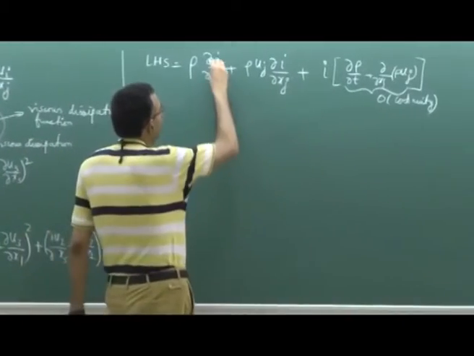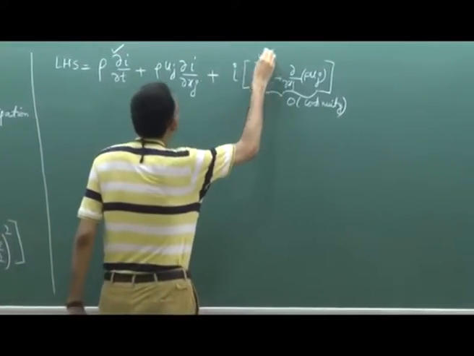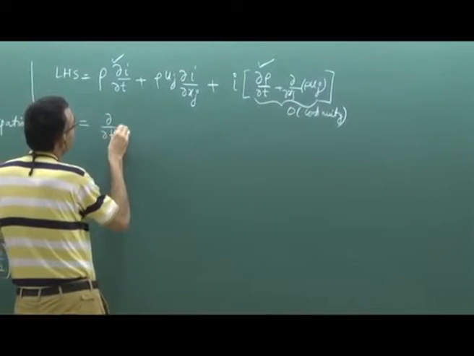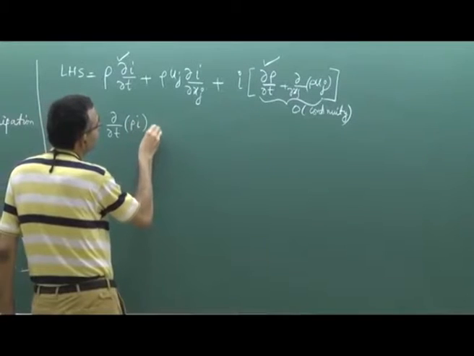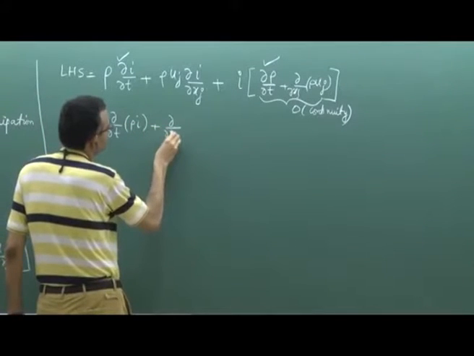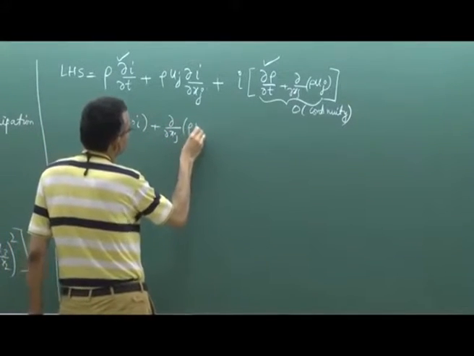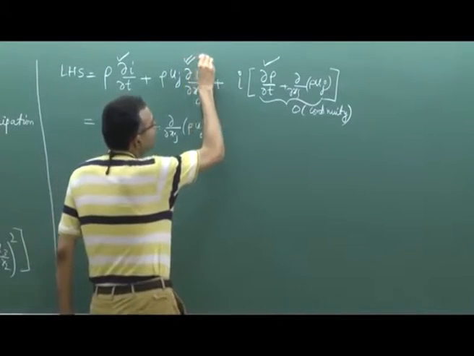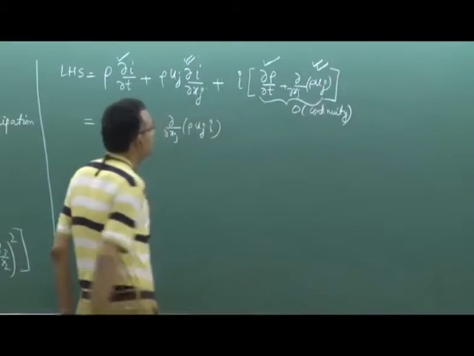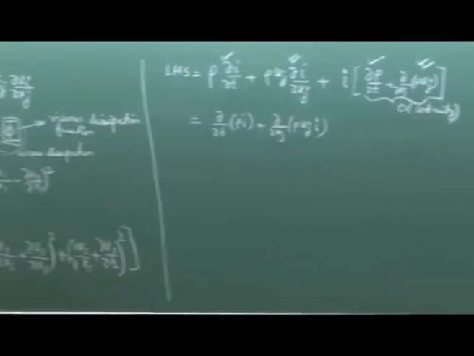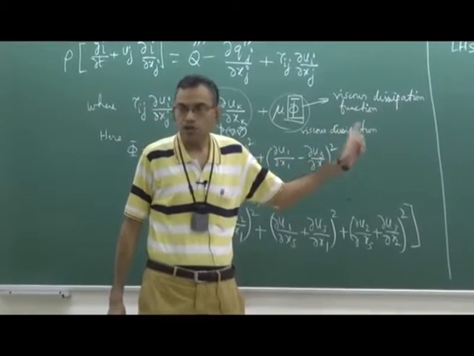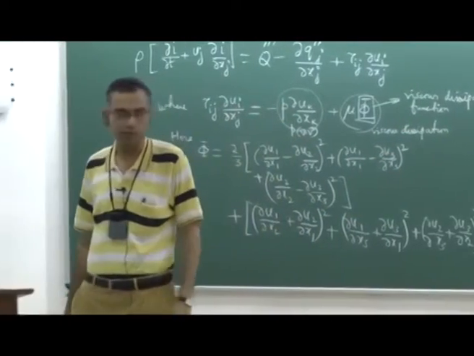Now you can combine these terms and write these terms. So you can see that in one step we can convert the non-conservative form to the conservative form.